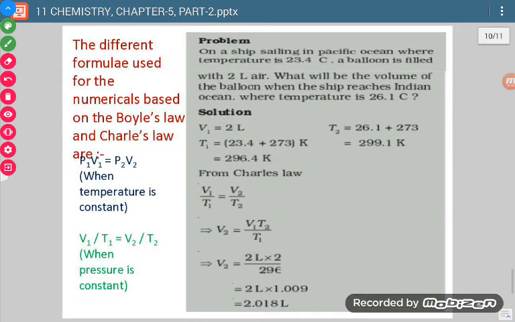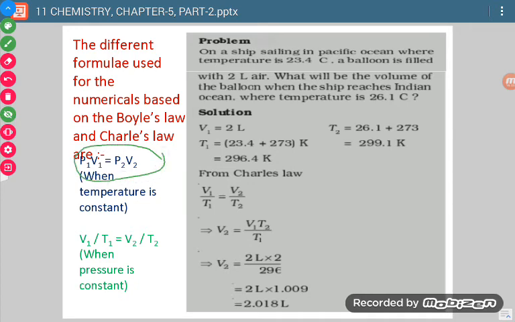Okay, now we have studied two laws, and on the basis of two laws we have derived two formulae. One formula is P1 V1 is equal to P2 V2, and another one is V1 by T1 is equal to V2 by T2. When temperature is constant, then P1 V1 is equal to P2 V2.